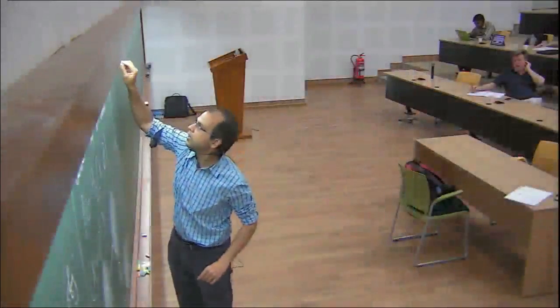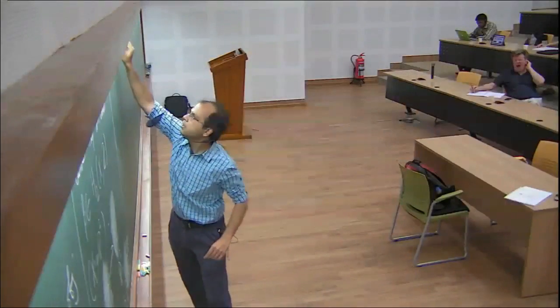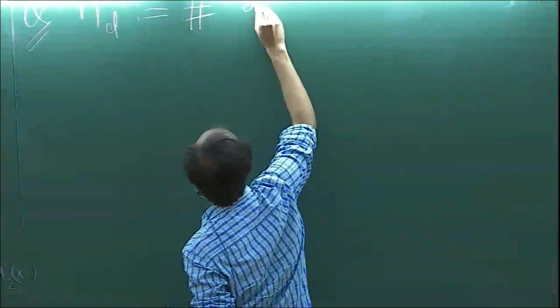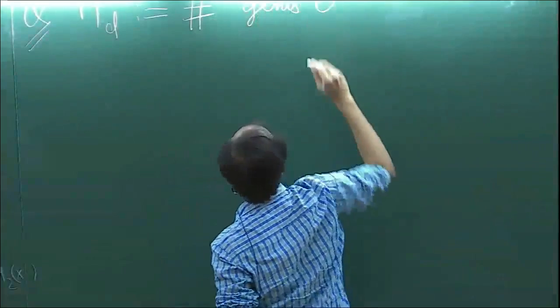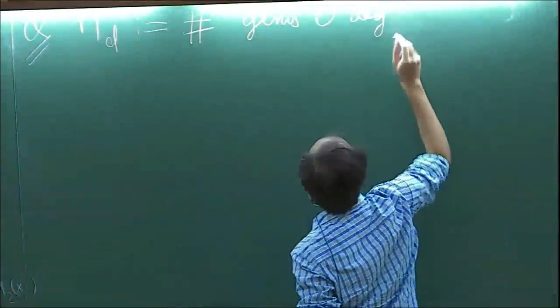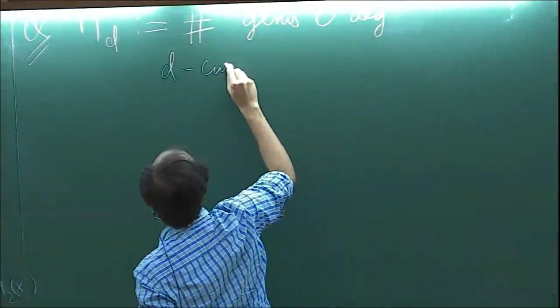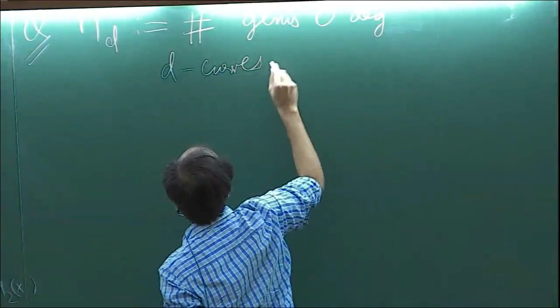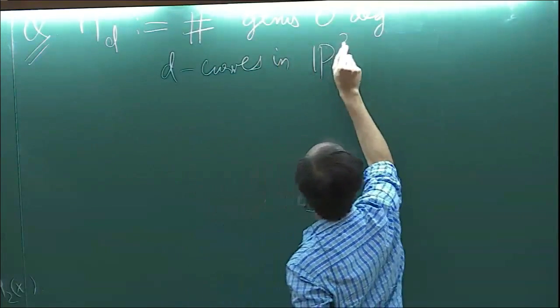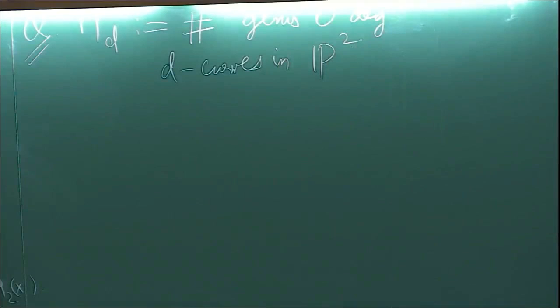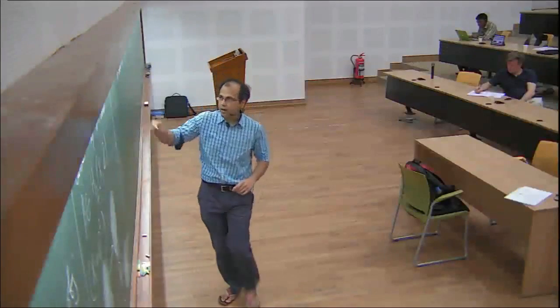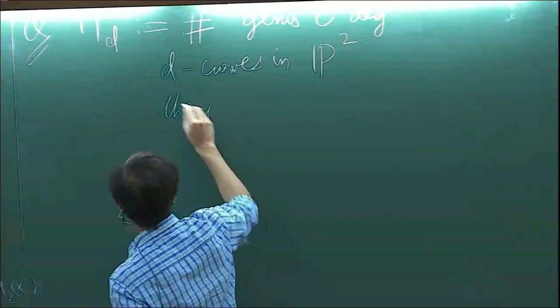So I define N_D to be the number of genus 0 degree D curves in P2. If I stop here, the answer will be infinitely many. So I have to make it pass through the right number of points.